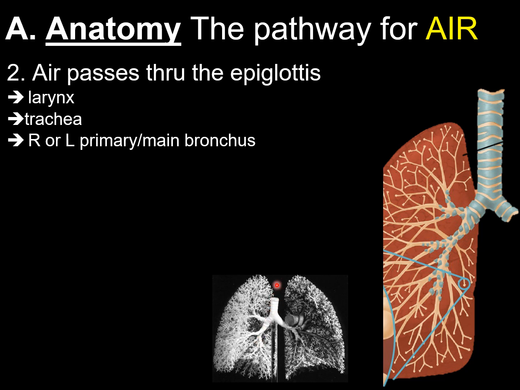Assuming that position, gravity would pull it to the right, and the left has more of a horizontal deviation, so foreign bodies are less likely to lodge in that lung.